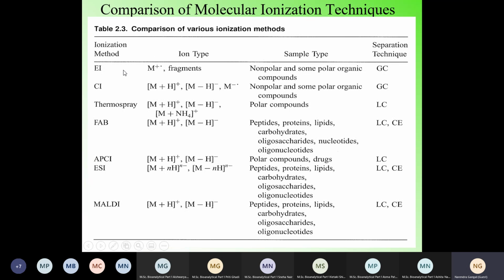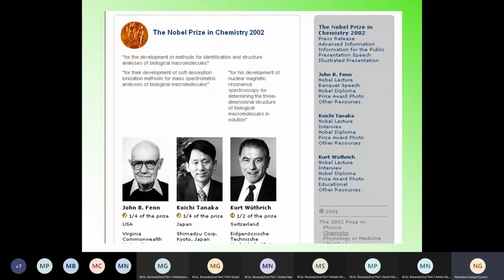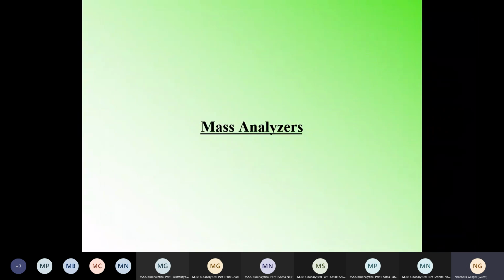Because every molecule and every type of metal has different characteristics, and one single ionization source is not enough. People have won Nobel Prizes, as I mentioned at the beginning, and mass spectrometry is well studied, yet a lot of research is still being done in it.